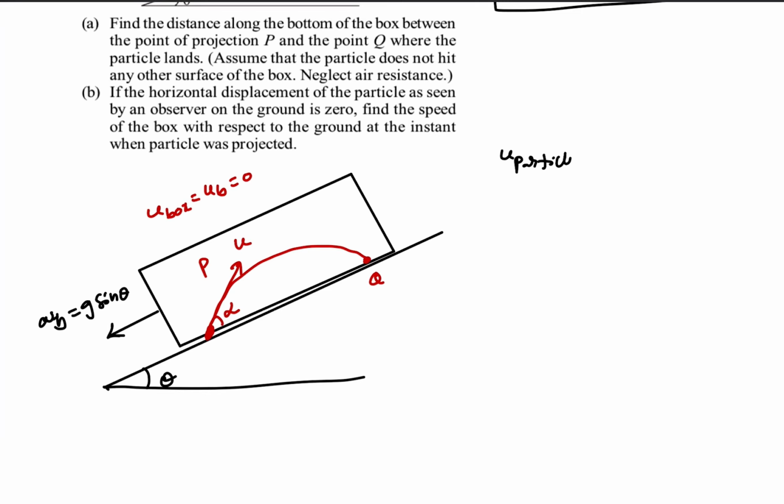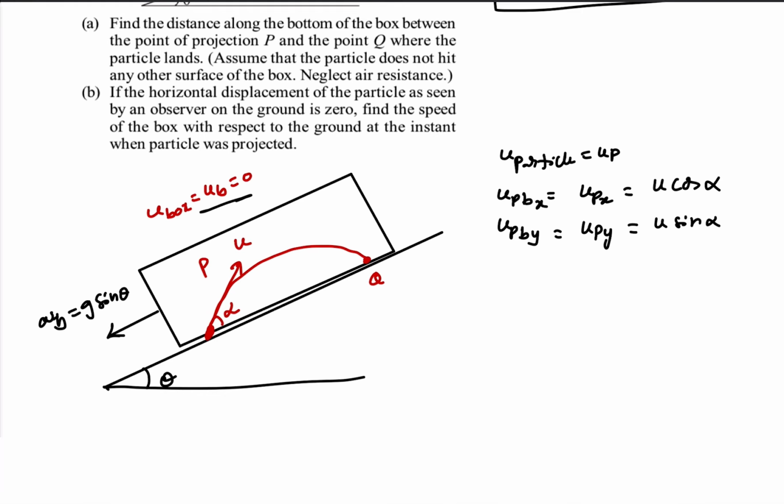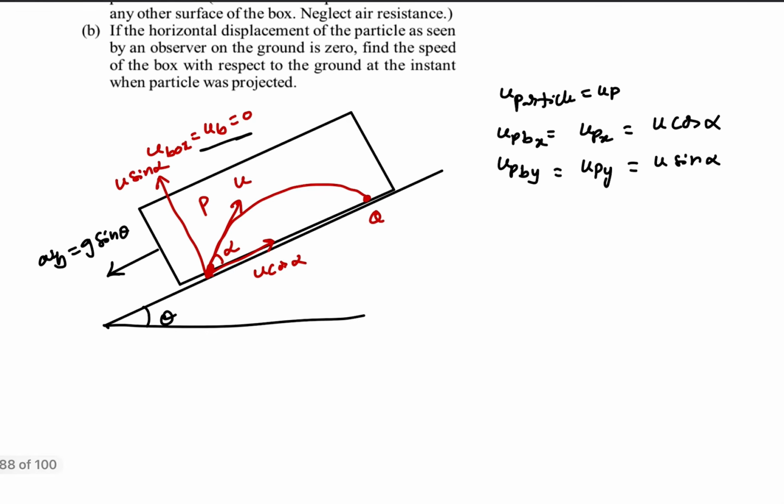The velocity of the particle I am taking as u_p. So u_p with respect to b along the x-axis is the particle's initial velocity along the x-axis, that is u cos alpha. Along the y-axis it is the velocity of the particle along the y-axis, since the initial velocity of the box is 0, that is u sin alpha. This is my u cos alpha, and perpendicular to that is u sin alpha.